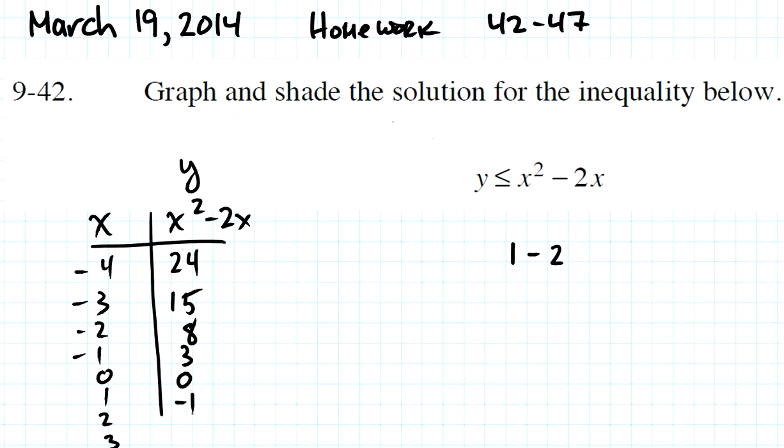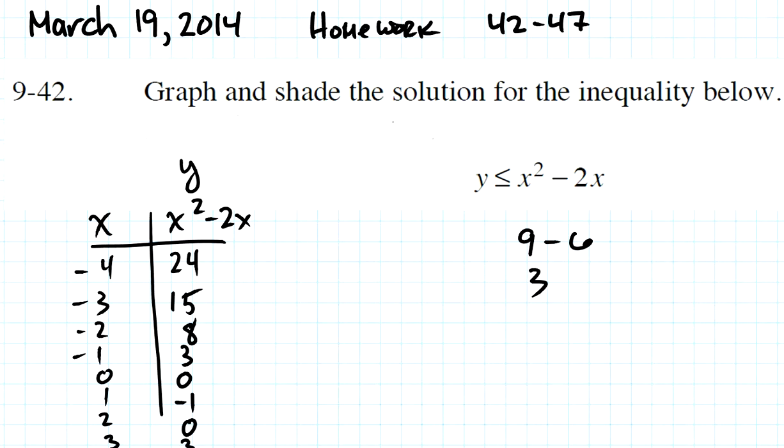At 2, I would have 2 squared is 4, and then minus 4, that would equal the number 0. And then when I plug in 3, when x is 3, that would be a 9. Then I'd have a 9 minus a 6. 9 minus 6 is 3.